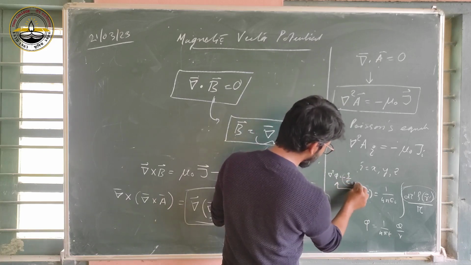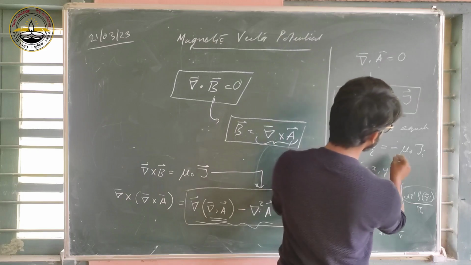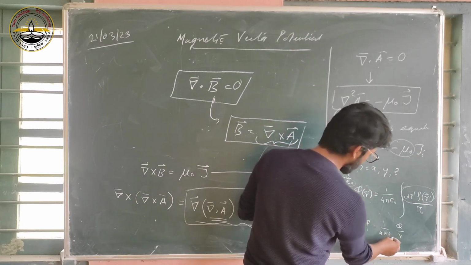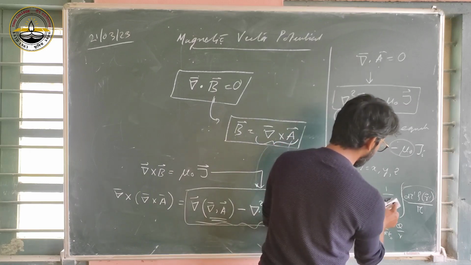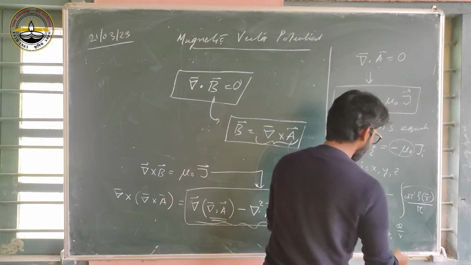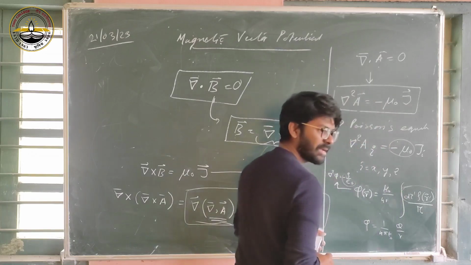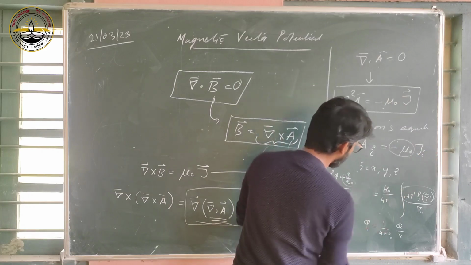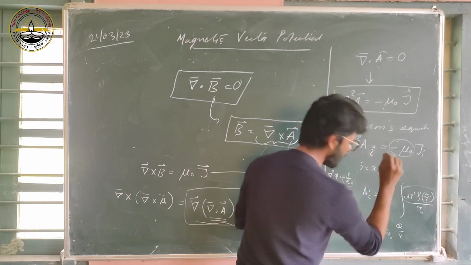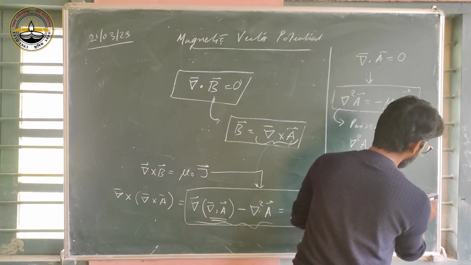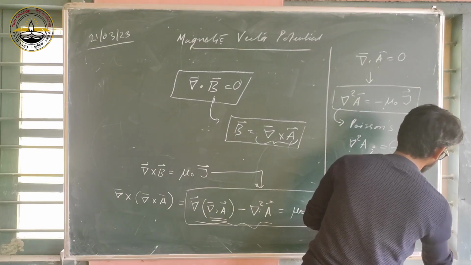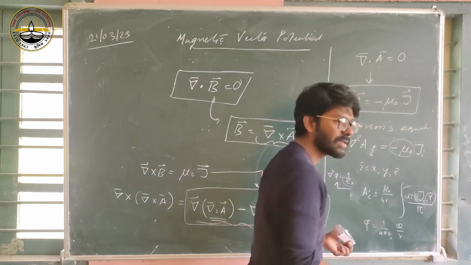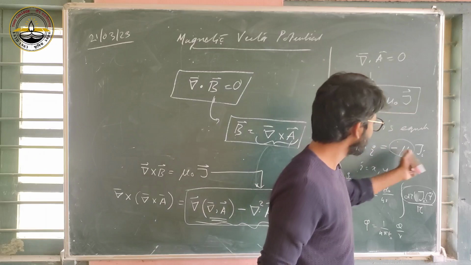Now minus 1 over epsilon naught here is similar to minus mu naught. So 1 over 4 pi epsilon naught we can replace by mu naught by 4 pi, because mu naught is here and there it was 1 over epsilon naught. And phi we can replace by A_i, and rho we can replace with J_i, because it's the same equation.